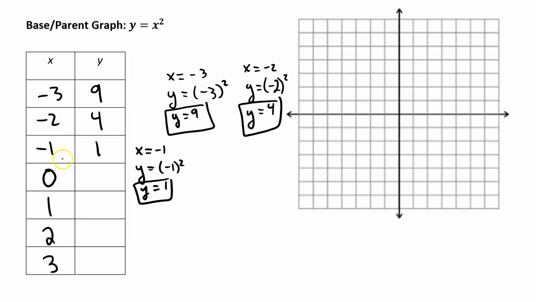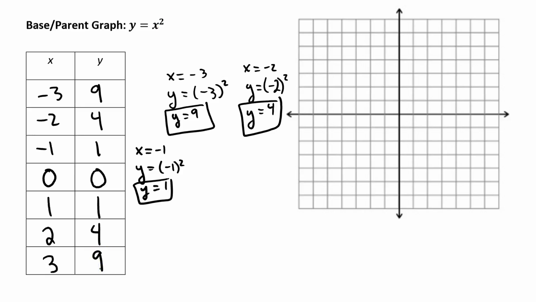Similarly, if I put in 0 for my x, y is going to be 0. And if I put in 1 as my x, y is going to be 1. If I put in +2 as my x, 2 squared is going to be 4. And if I put in 3 for my x, y is going to be 3 squared, which is 9.